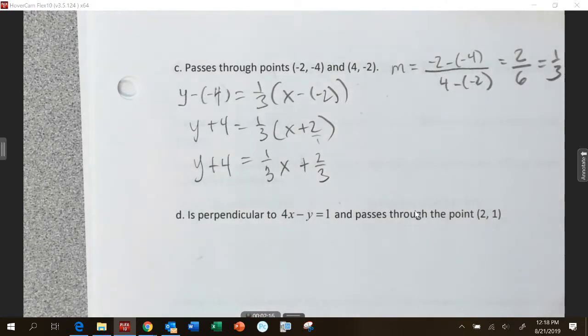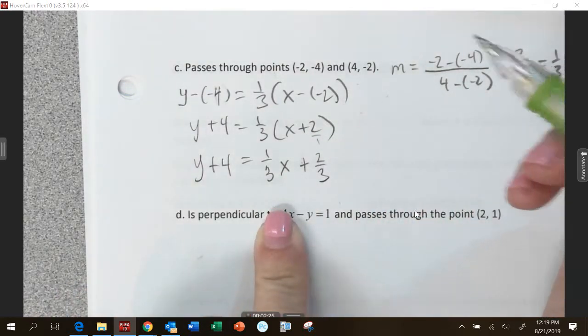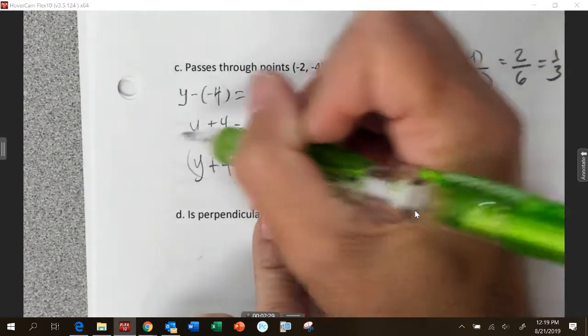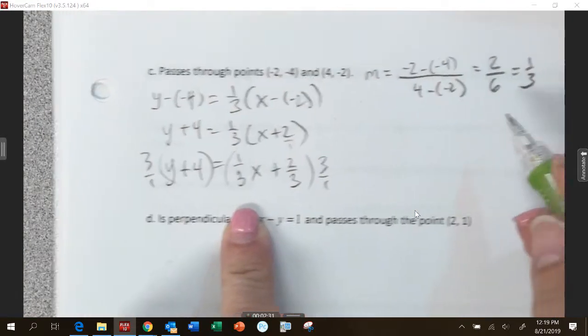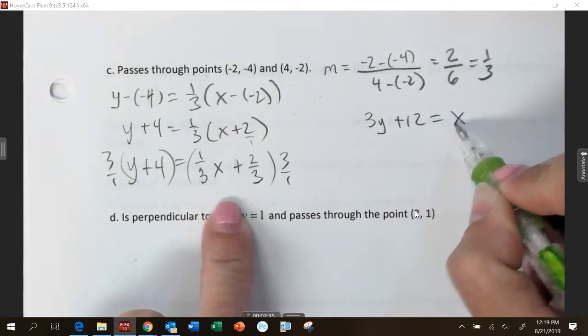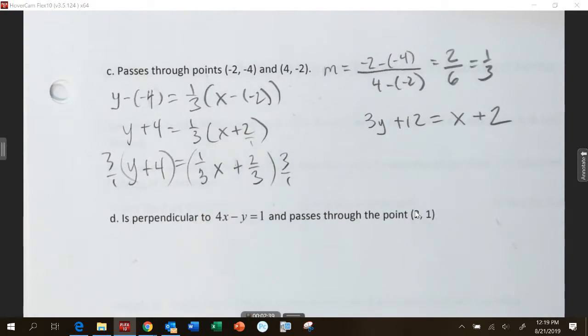No. Yes, but no. Since standard form cannot have fractions, let's get rid of them. How do we do that? Multiply everything by the denominator of 3. So 3y plus 12 equals x plus 2.